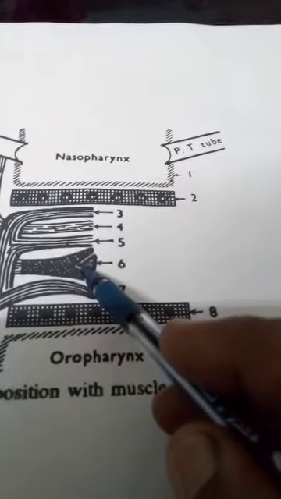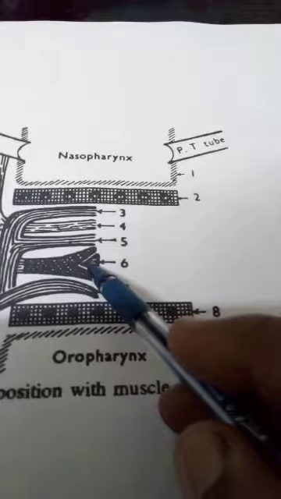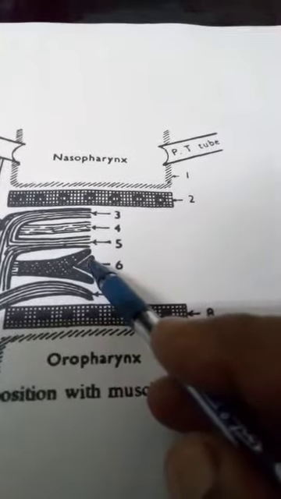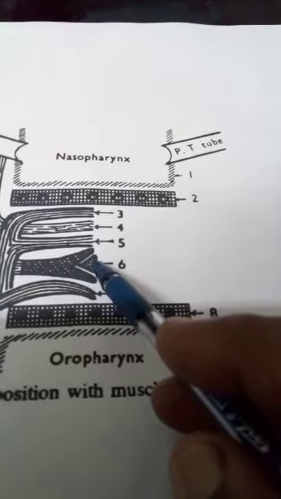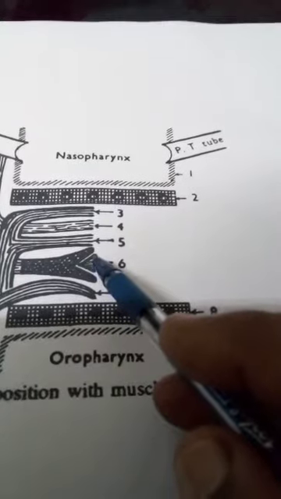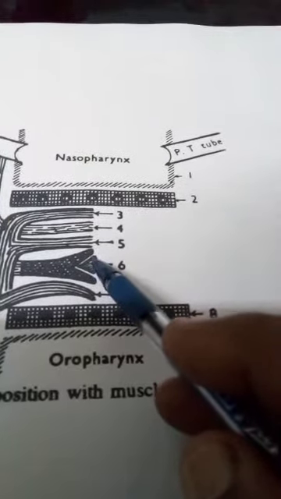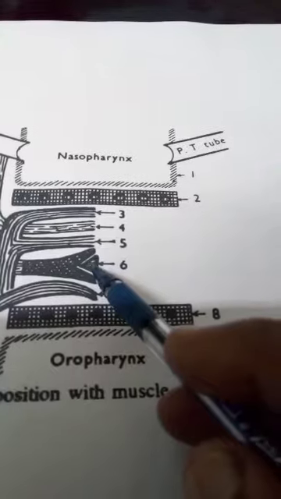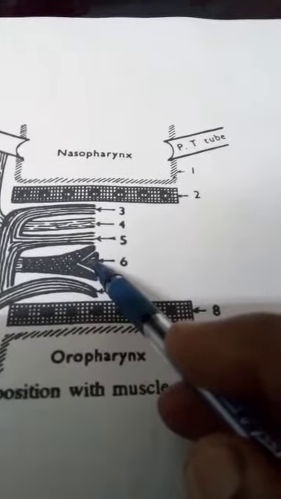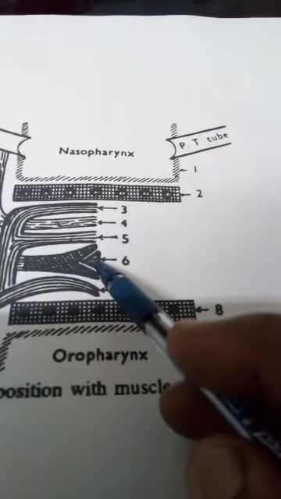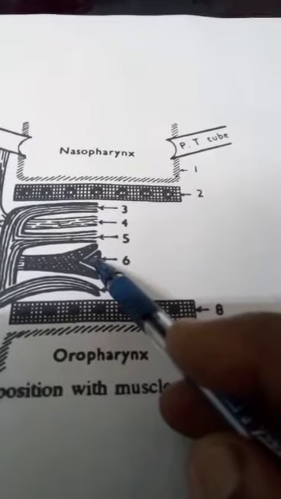Regarding palatine aponeurosis, there are two views. Number 1 view is it is a part of tensor veli palatini muscle, and number 2 view is it is a part of palate in which tensor veli palatini muscle is inserted.